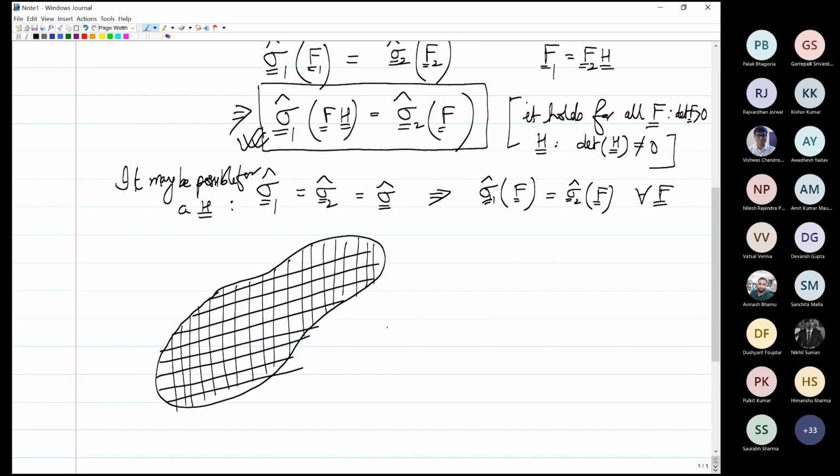Okay, and think of your body so that you are simply rotating it by, let us say, 90 degrees. So it has two sets of families of fibers which are perpendicular to each other. Okay, these are perpendicular.